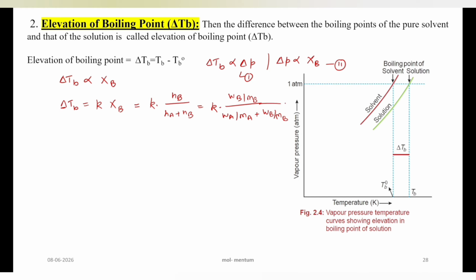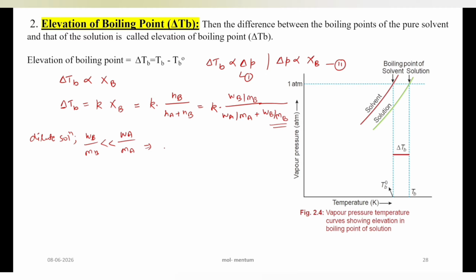So we are just putting these values. Again, same approximation I will use, since it is for dilute solution. Since colligative properties are defined for dilute solution, I will neglect this value in the denominator. So WB by MB is very small in comparison to WA by MA.